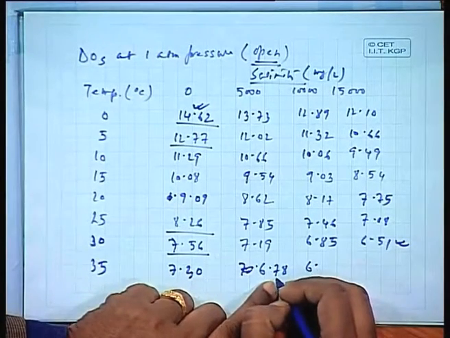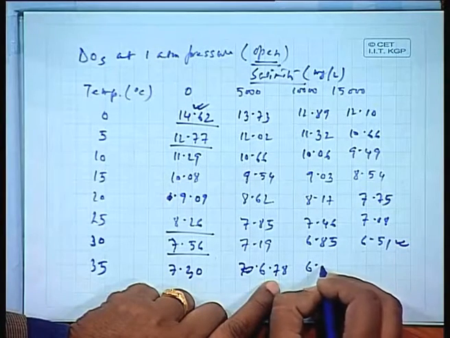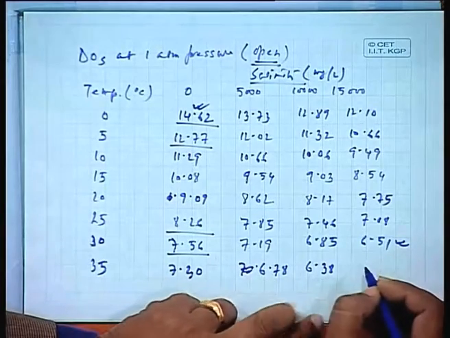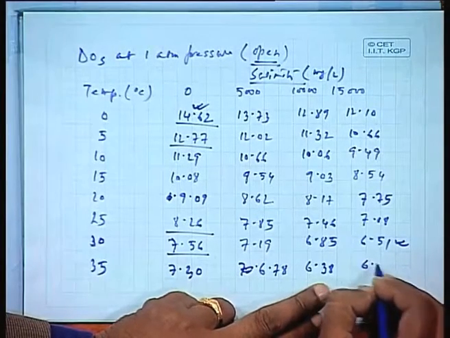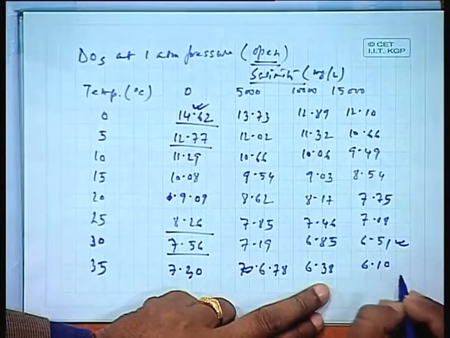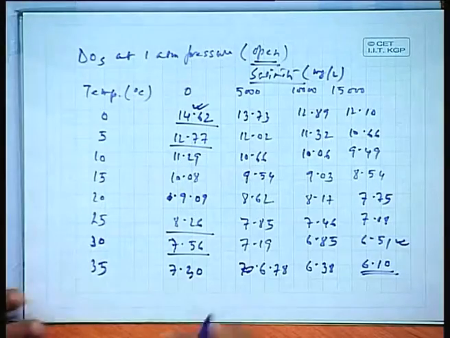From 6.78, at 40 it would be about 3.38, or this is about 6.10, something like this. This is the value that we generally obtain here.